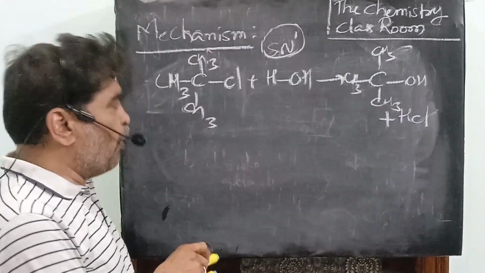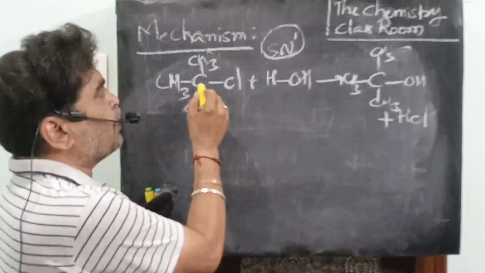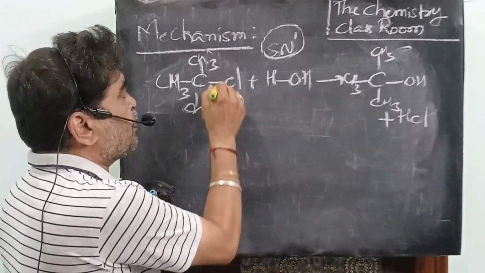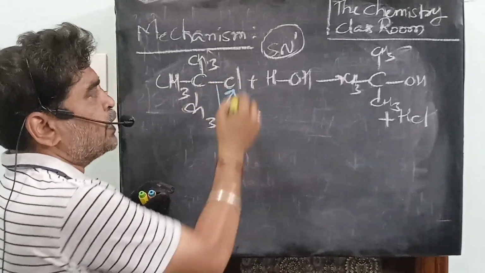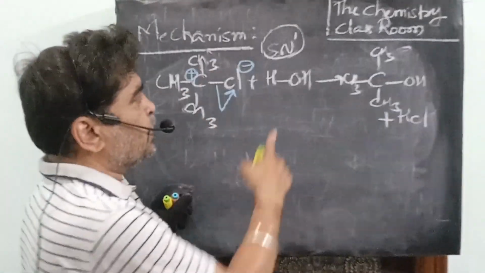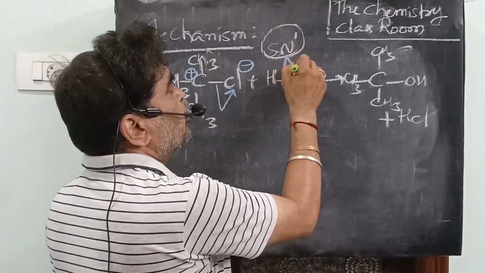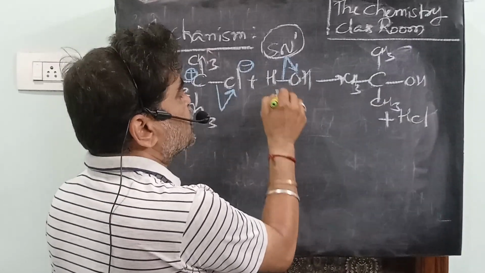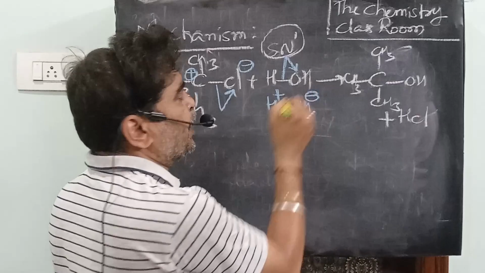Here the bond is cleaved. Why? Because carbon and chlorine have an electronegativity difference. The electrons move towards chlorine, so chlorine gets a negative charge and carbon gets a positive charge. In the water, the electrons move towards the OH side, so hydrogen gets positive and OH gets a negative charge.